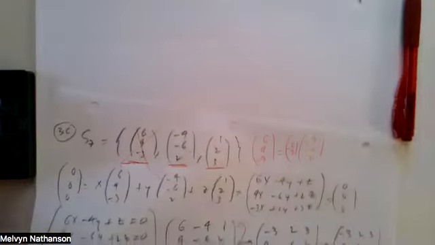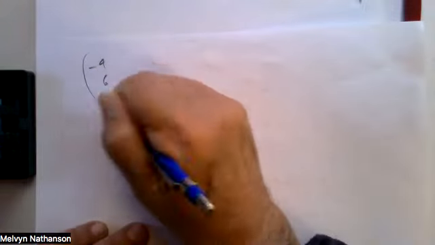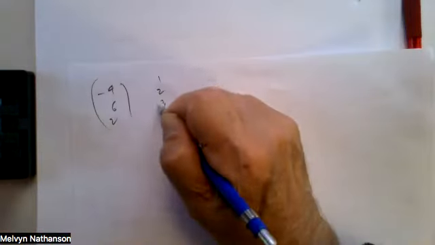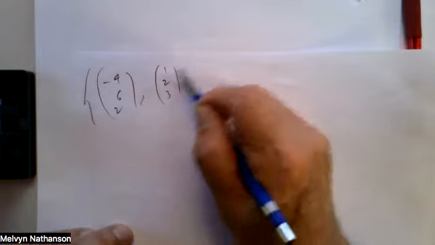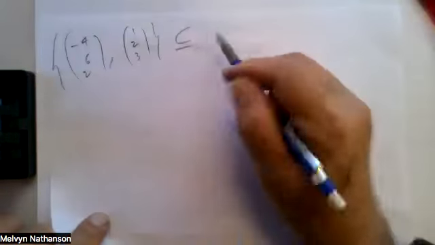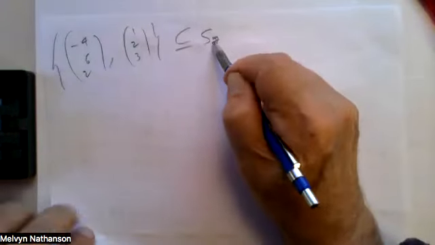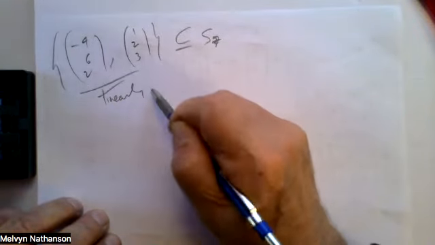The vectors -4, -6, 2 and 1, 2, 3. This is a subset of the set S7 that I started with. And these are linearly independent. I can check that.